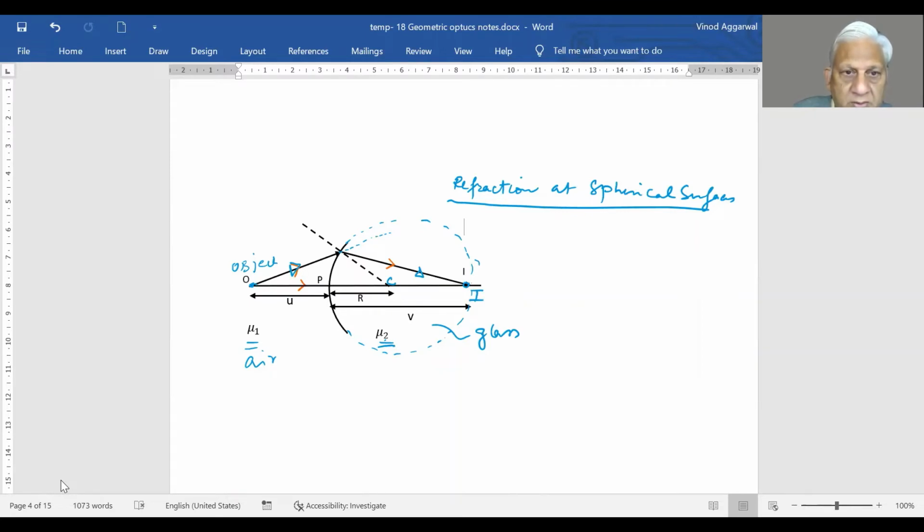Now this is center of curvature, which is R, also called radius. Object is kept here, so this distance is U. An image is formed here, so this distance is V. And we have refractive index here is mu1.